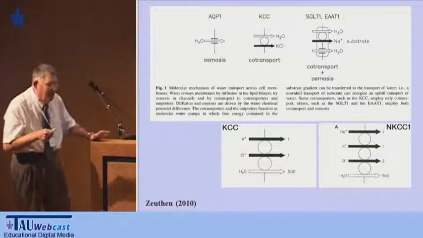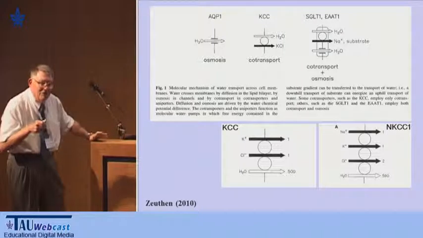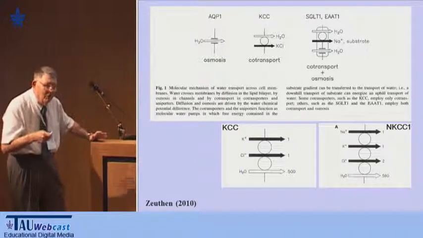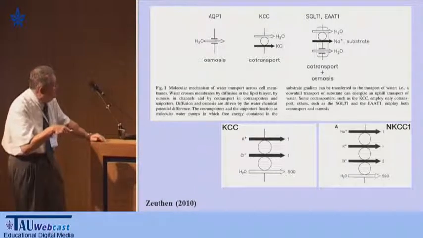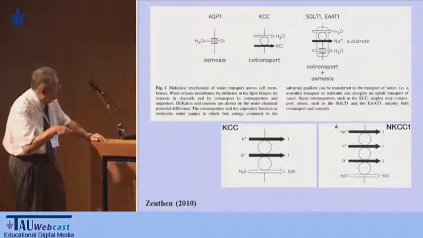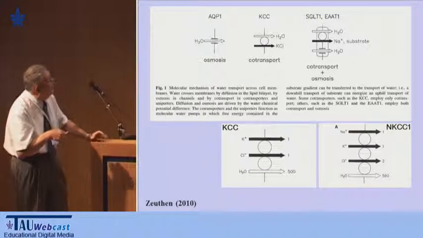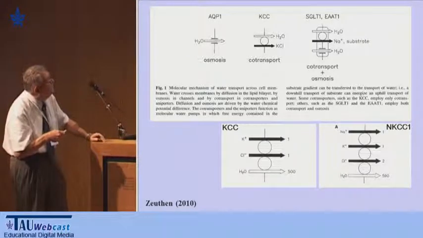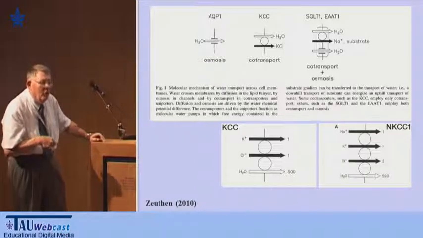Now, we still need a molecular mechanism of how is it that this thing, which is transporting protons, is causing water transport. Well, at the end of last year, a wonderful review article came by Thomas Zeuthen in Copenhagen that, in fact, in the last few years, people have discovered that many membrane co-transporters of, say, potassium and chloride or sodium and potassium chloride also co-transport water.